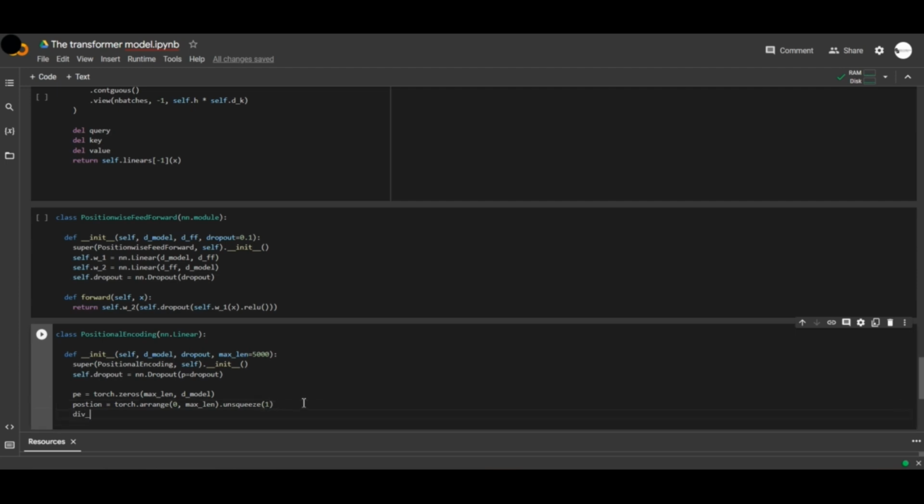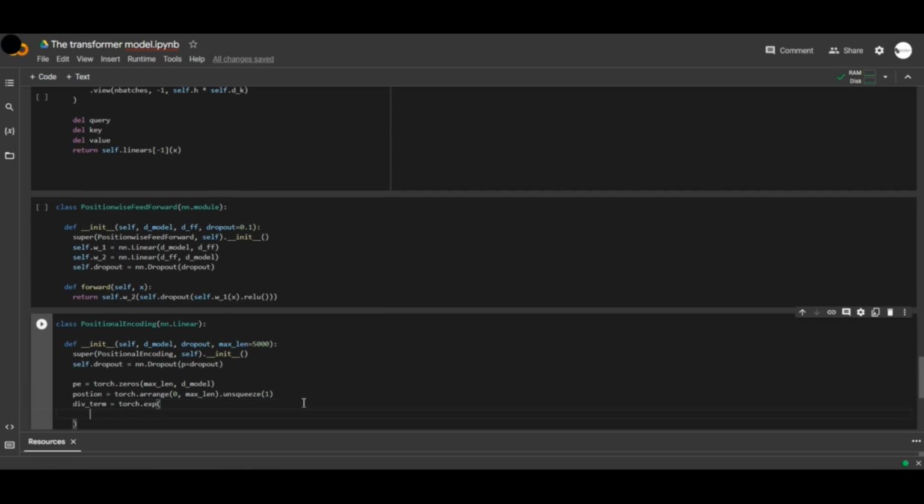Then we say div_term equals torch.exp, and say torch.arange, from 0 to d_model, step 2. Then we multiply by negative math.log of 10,000, divided by d_model.